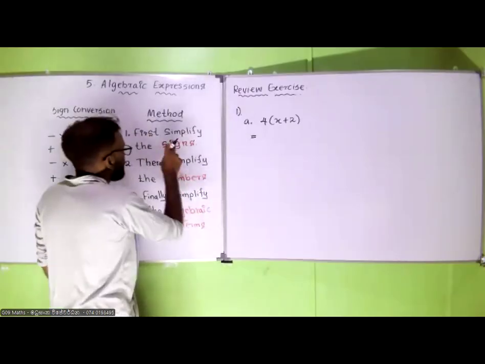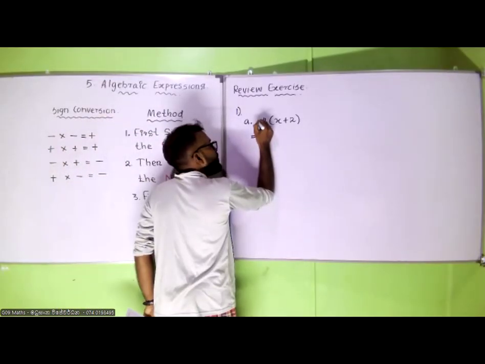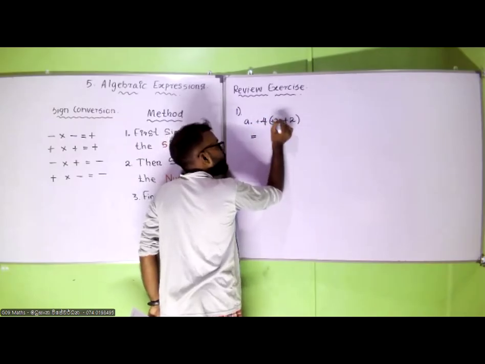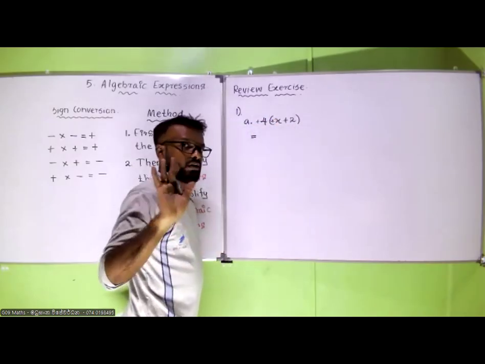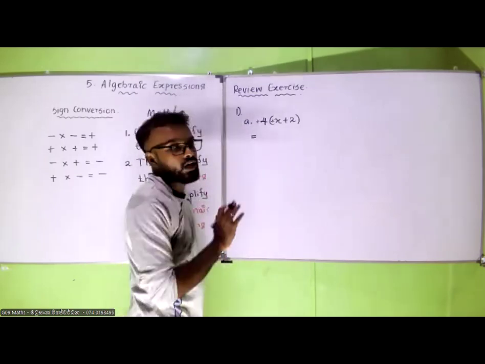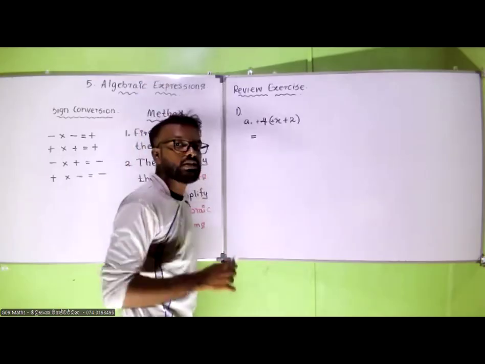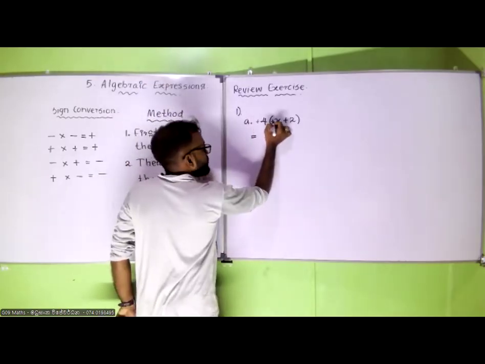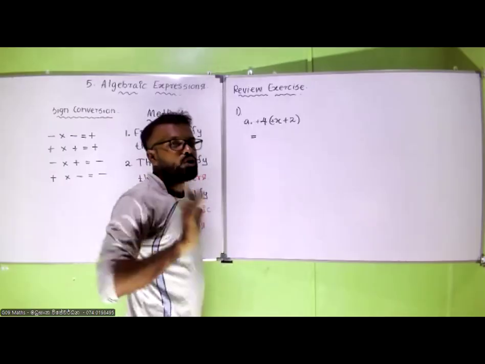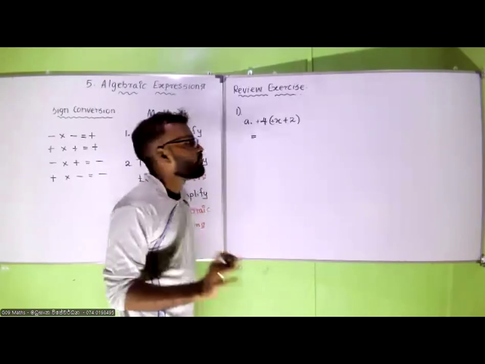First, simplify the sign. Here I have positive and here also I have positive. You have to imagine it, but I have written it here. If you want, you can write it using your pencil. Positive into positive, positive. I am not going to write the positive sign because we normally do not write positive.